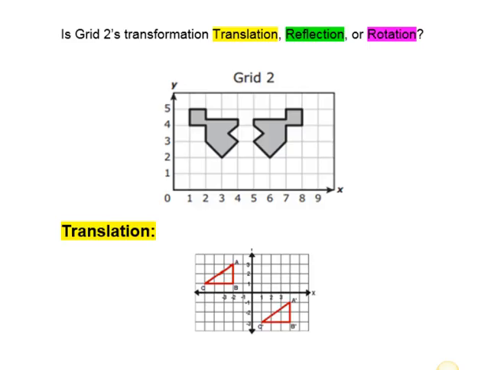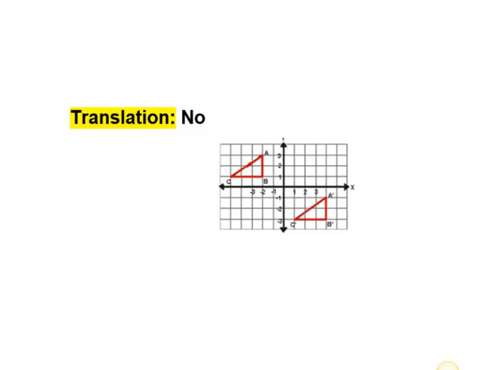Now let's look at grid 2. What transformation do we see for grid 2? Is it translation? Is it reflection? Or is it rotation? Looking at our example picture for translation, does this match grid 2? If you said no, you are correct.